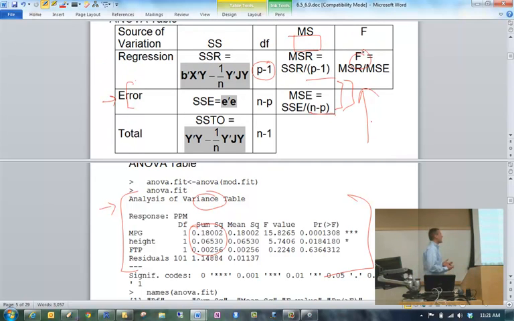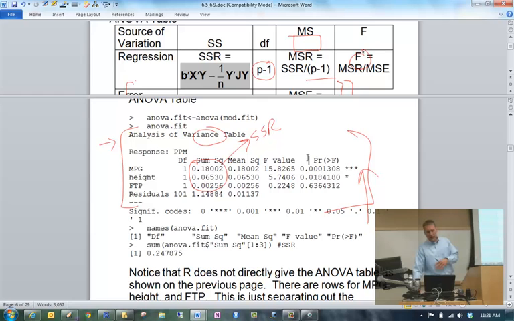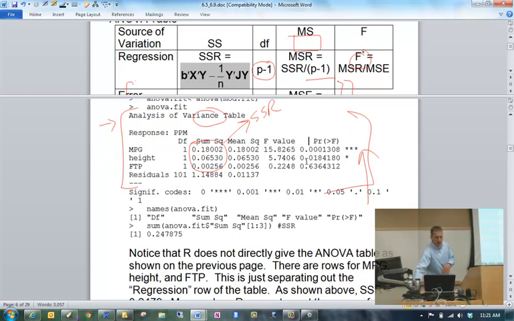There's one other small thing I want to point out here, and that is, how could I get R just to tell me exactly what this SSR would be by actually having R sum it together? It's just more of a coding aspect that I want to mention. So I put the result in anova.fit.